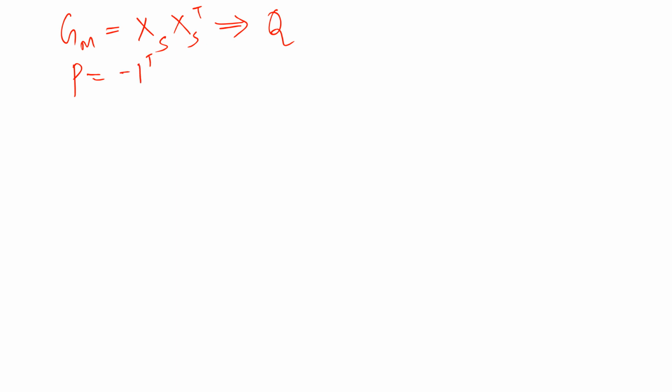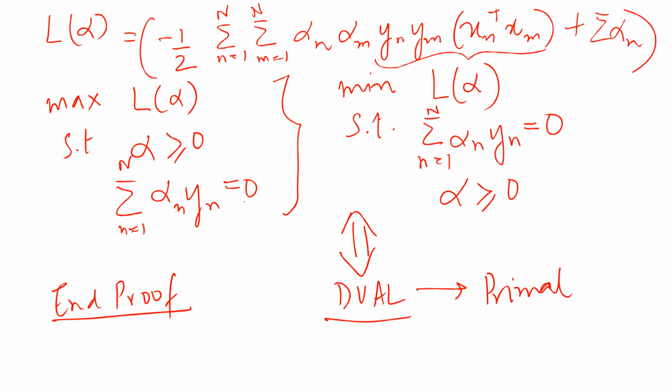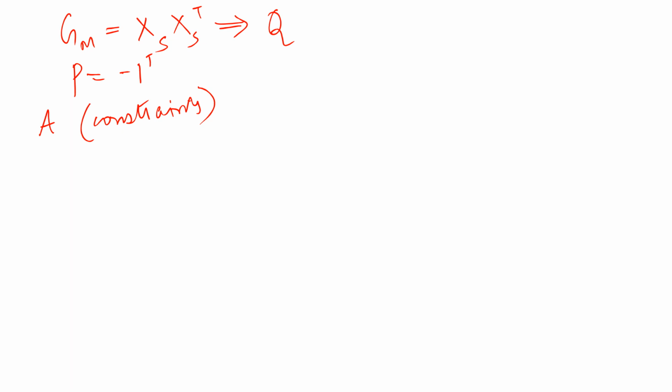So I have Q and P. Now I have to get my A, and A comes from my constraints, right? In the standard form, these are inequality constraints. And when we look at our problem, we have one equality constraint and one inequality constraint. So we can put them together somehow, we can figure out how to do that.